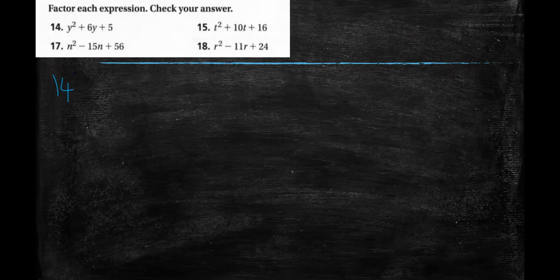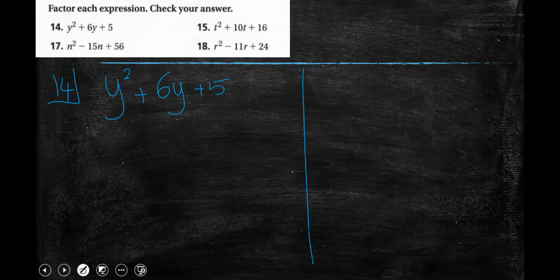Number 14 now. y squared plus 6y plus 5. The first step, as I said before, open two brackets. Here we have y squared. The variable is y, so I will put them here as y. Then I will ask you now to give me the factors of 5. What are the factors of 5? 1 and 5 only.